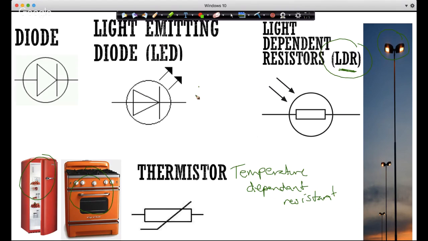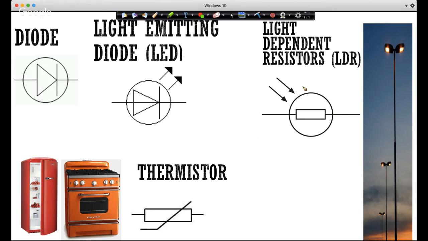Now, what you do need to know about these is how the changing level of light or the changing temperature affects the resistance. So if we just draw ourselves a quick wonky graph, maybe I can do better than that. Okay, so we draw ourselves some axes there, and the shape of the graph is the same each time.